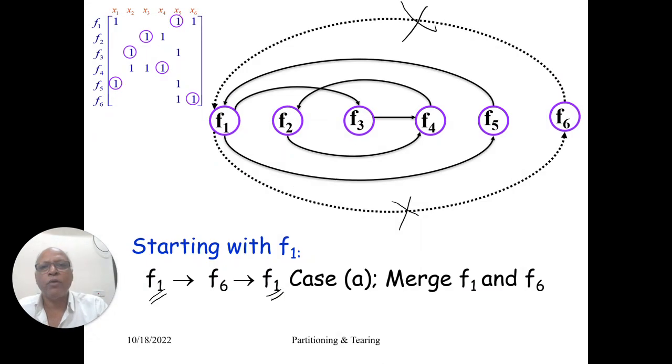One more thing that I would like to tell you: how many edges are you going to have in this digraph to start with? The number of edges that you have will be equal to the number of unassigned incidences you have in this incidence matrix. For example, the number of unassigned incidences are 1, 2, 3, 4, 5, 6, 7, 8.